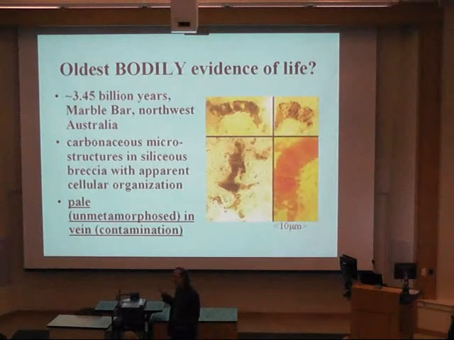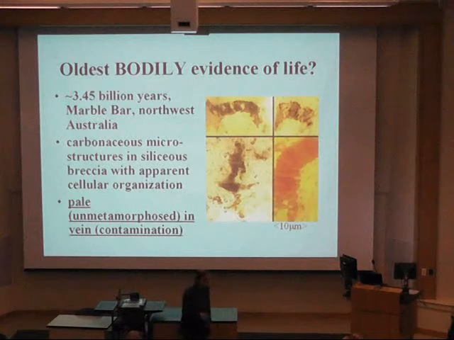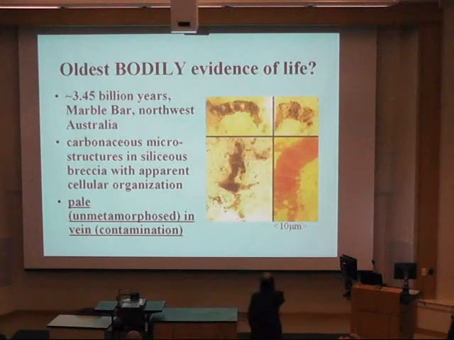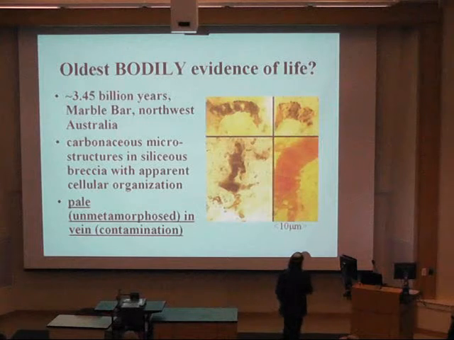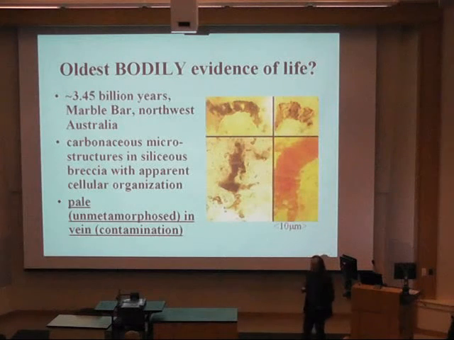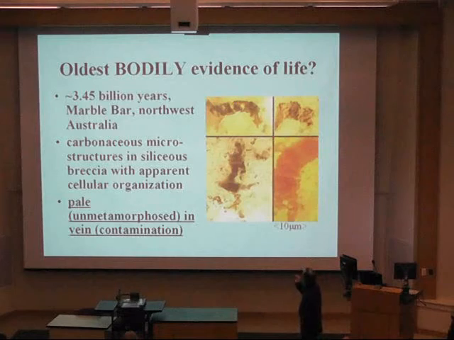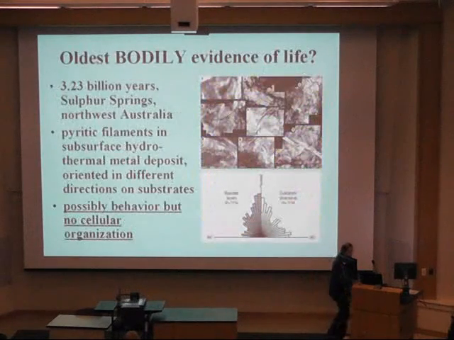And if they are biological, they're an example of microbes that got into their host rocks after their host rocks had already been heated up to 400 degrees centigrade for millions of years. Whatever they are, and they're really not terribly convincing as microfossils, they don't look very much like modern microbes. Whatever they are, they're contamination.